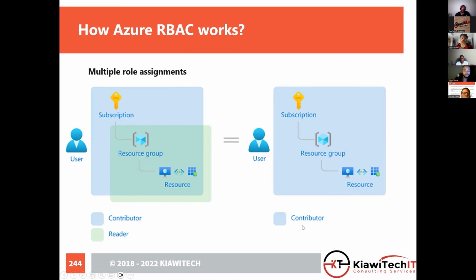Or I need just a contributor role at the subscription or resource, and so on. So if you want that person to automatically have contributor role to all the resource groups within that subscription, of course, you should give that at the subscription level. If you want it to a certain resource group, you grant it at the resource group level. If you want that contributor role at a certain resource, you give it at the resource level.